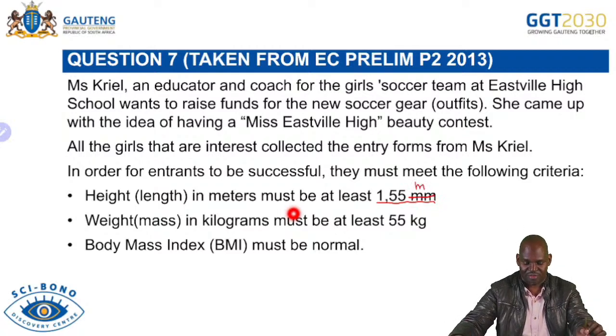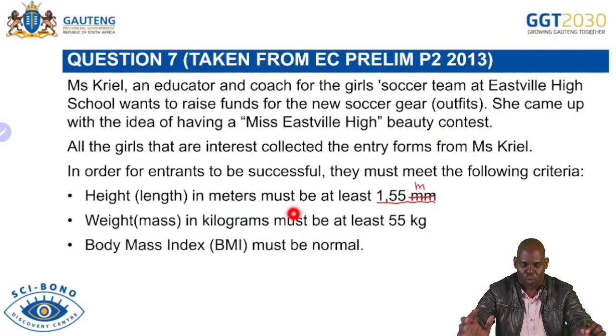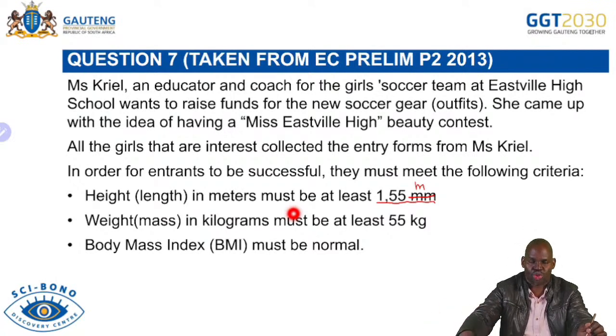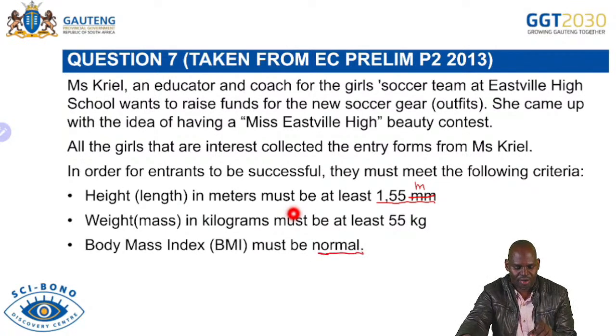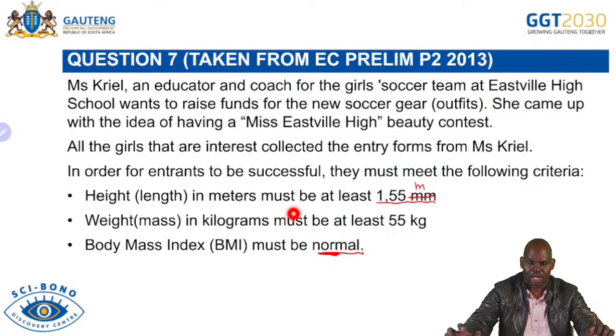I would imagine the height must be at least 1.5 meters, so it means it can be 1.5 meters or more, 1.56, 1.7, as long as it's not less than. Then the weight must be at least 55 kilograms. At least that one is correct. And then body mass index must be normal.